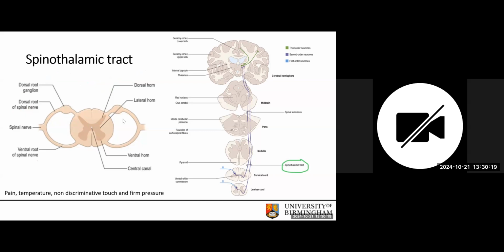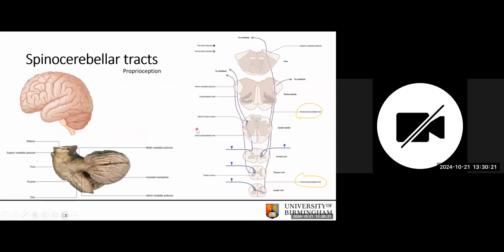Then we're talking about things that are conscious, to the conscious level, but the cerebellum makes things a bit easier, so we will just need 2 neurons in that pathway when we talk about, for example, proprioception.